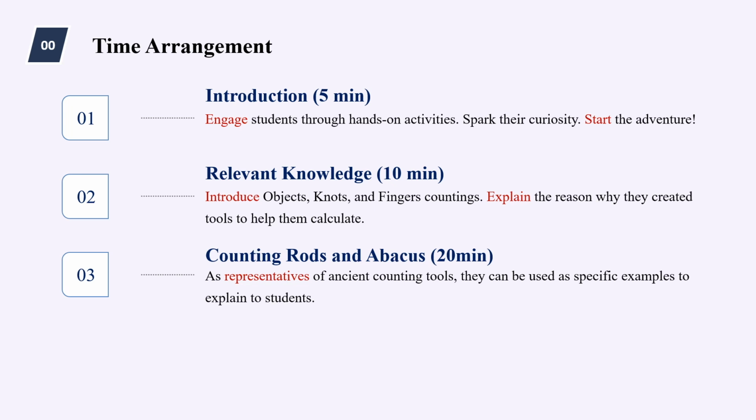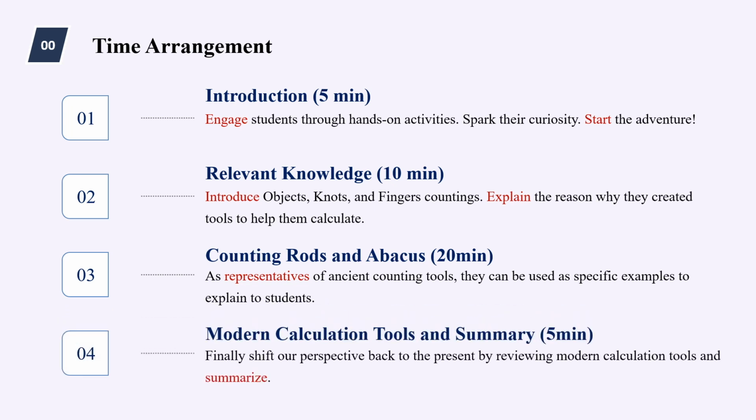In part 3, we focus on 2 specific examples to explain how calculations were done in the past. Finally, we bring the discussion back to the present by reviewing modern calculation tools and do the summary.